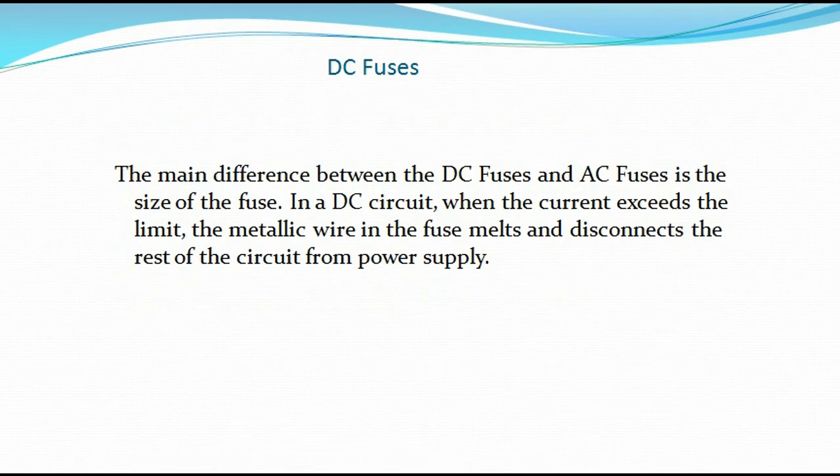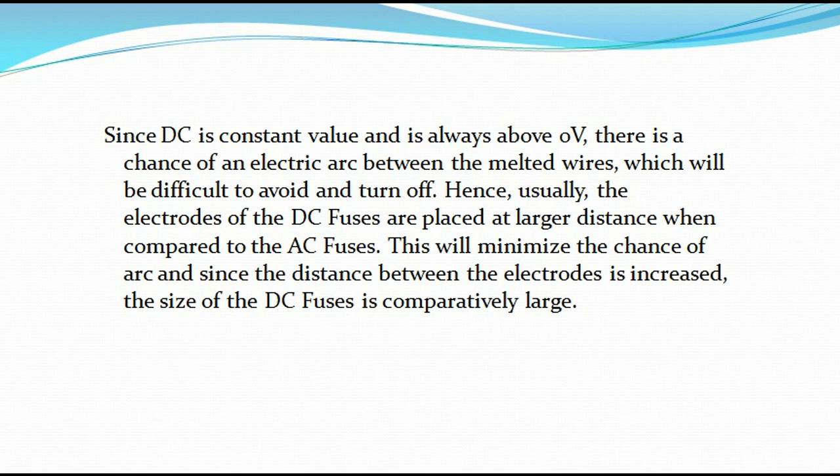The main difference between DC and AC fuse is the size of the fuse. And in a standard DC circuit, when the current exceeds the fuse rating, the fuse will cut off, to protect the circuit.